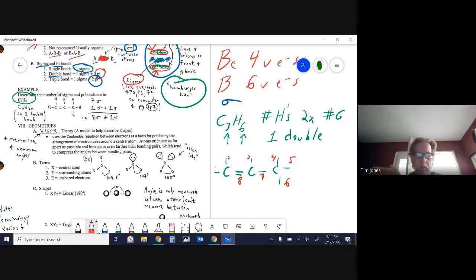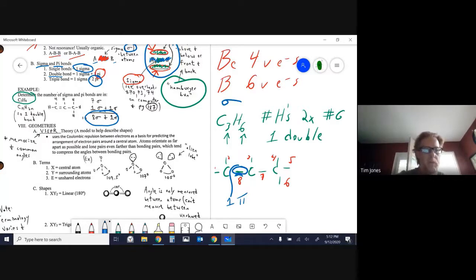And then you also count the double bond. I've already counted this as a sigma. And the extra bond in the double bond right here would be 1 pi bond. And that's why the answer is 8 sigma and 1 pi.